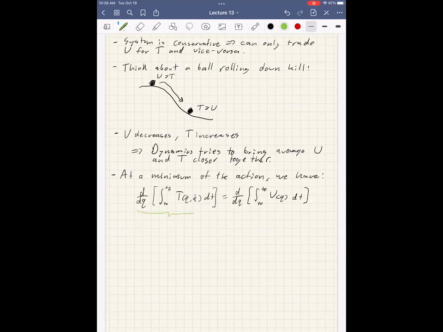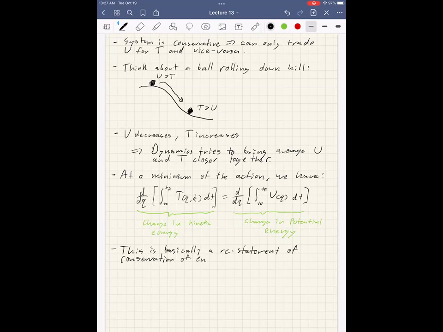So let's write that down. Change in kinetic energy, so basically a restatement of conservation of energy.